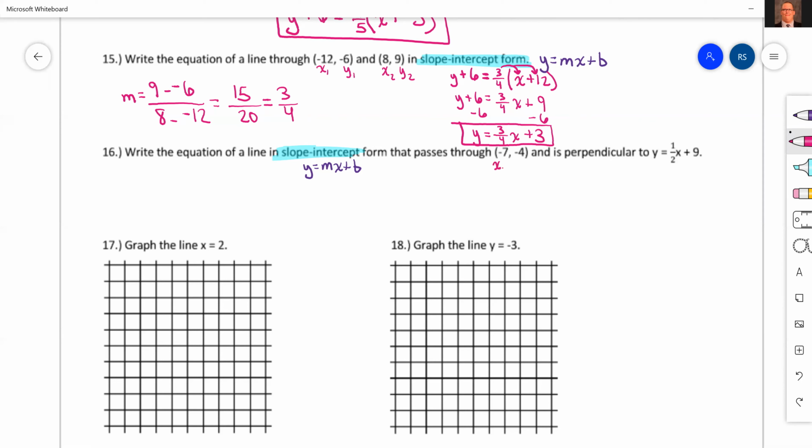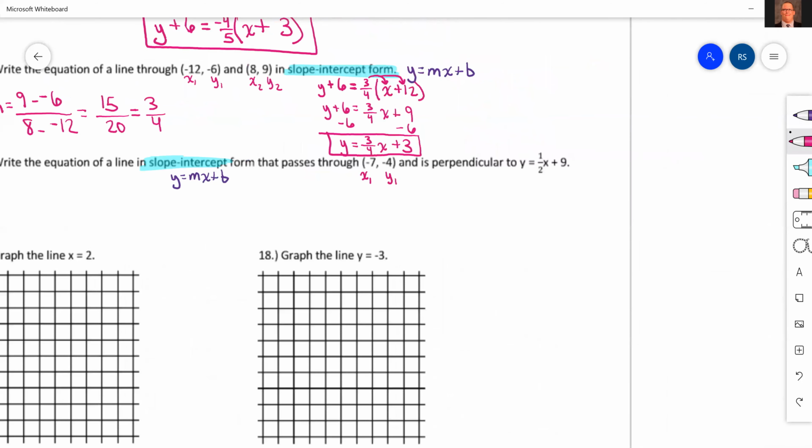So there's our x1, y1. But we need it perpendicular to this line. Remember, perpendicular means opposite reciprocals. So let's see if I can use this line slope to help me get one perpendicular to it.